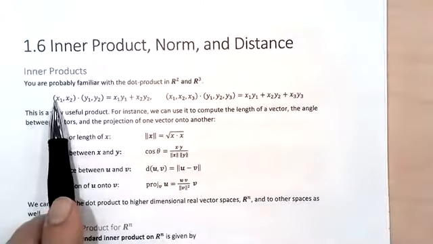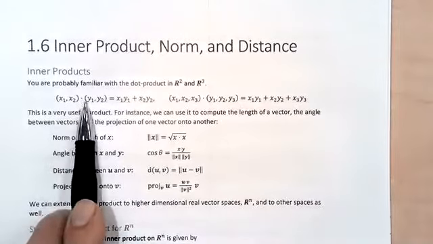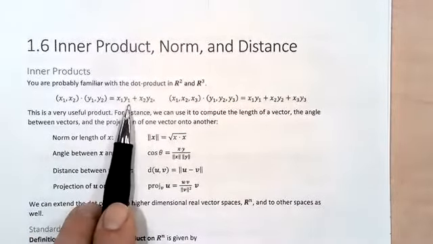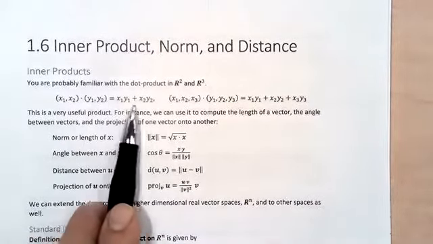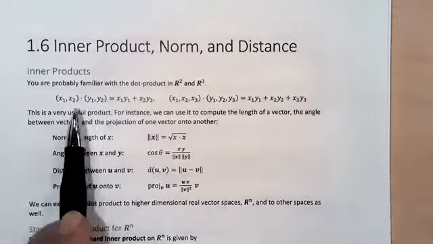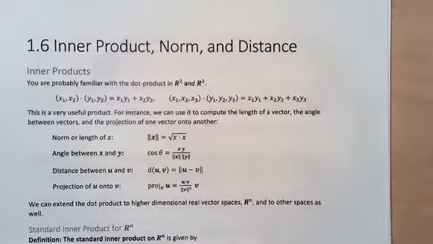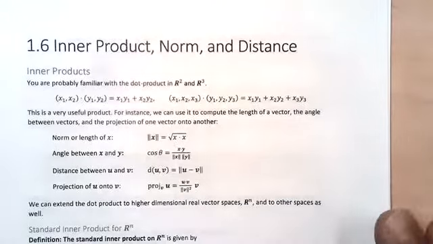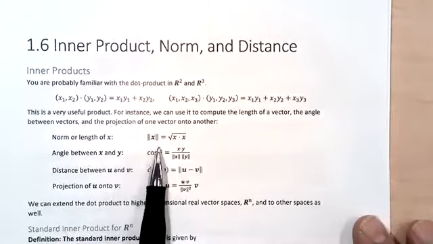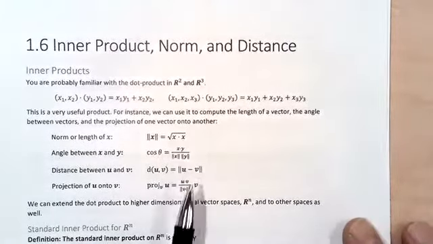So if I have a couple of two-dimensional vectors and I want to take their dot product, I just multiply the corresponding entries and add them up, and you do the same thing in R2 as you do in R3. And we learn somewhere early on in your experience with vectors that there are some things we can do with a dot product that are really quite handy.